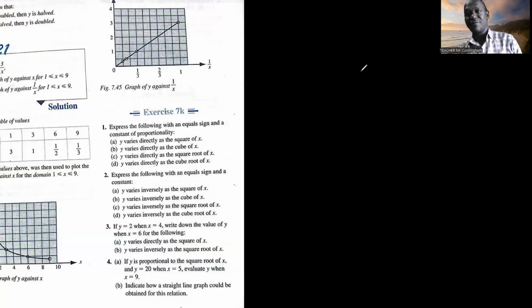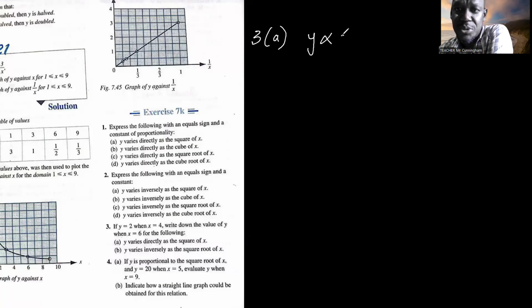The question said part A. It says y varies directly as the square of x. The proportional sign here means what?